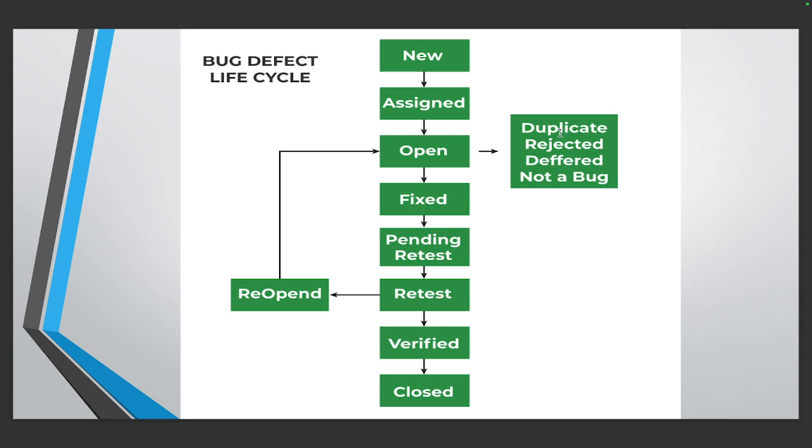Not reproducible can also happen: the tester sometimes finds a defect only one time, and this time the developer can't reproduce it again. Or sometimes the developer team will say, I need more information. Okay.